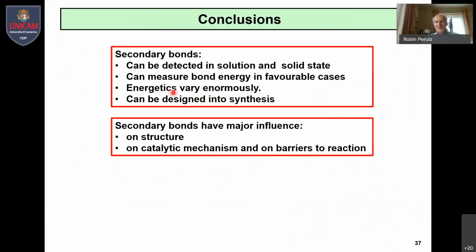We can design with stronger secondary bonds or weaker. We need to think about the energetics, not just say, oh, well, let's have a hydrogen bond. So we can design that into our synthesis. And these secondary bonds have a huge influence on the structure, on the catalytic mechanisms and barriers to reactions. And that's what I've really tried to emphasize, the effect on catalysis.